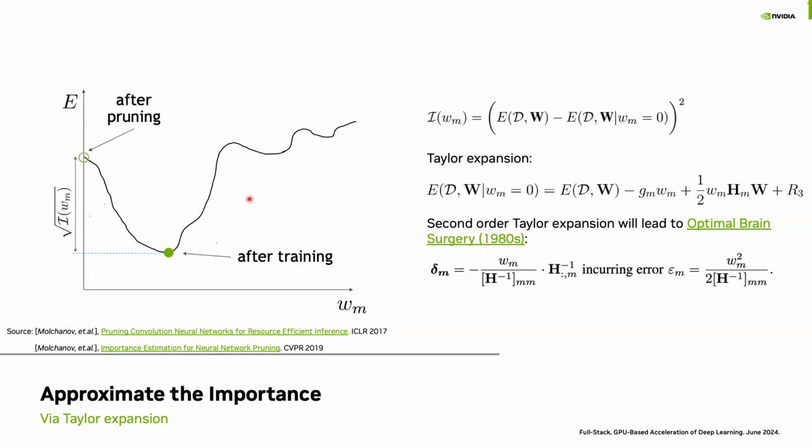But in practice, Hessian matrix calculation can be quite computationally intensive. So in our previous work, we found that actually the first order importance is already good enough for promising accuracy. And we provided the link to the paper for you to check more details about the accuracy comparison. But the summary would be that the first order Taylor importance score is good for model pruning.